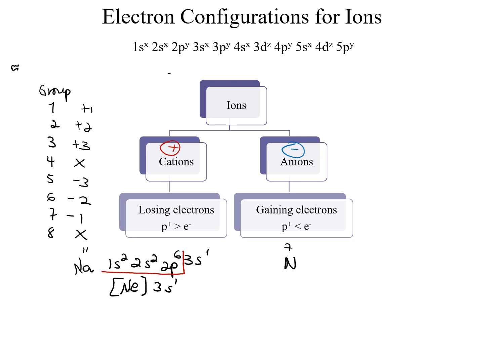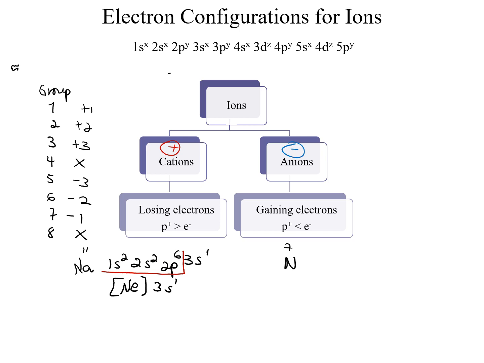So we use that one in brackets with the symbol, so you know that that's representing neon, or the electron configuration for neon, which has 10 electrons. And then what comes after, which is the 11th electron for sodium, you can just write that down using the periodic table. Sodium is in period 3, and then it's in group 1, and for group 1 we have s1.